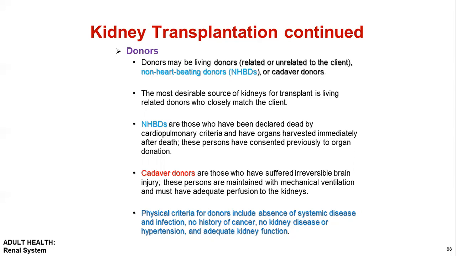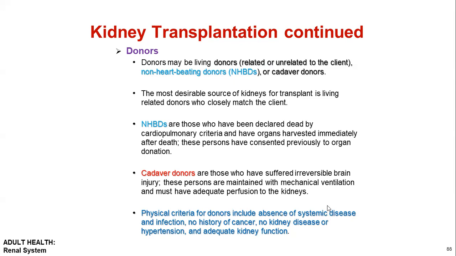The physical criteria for the donor: some criteria you have to exclude before they donate the kidney. What is the criteria? You make sure the donor does not have any systemic disease or infection.